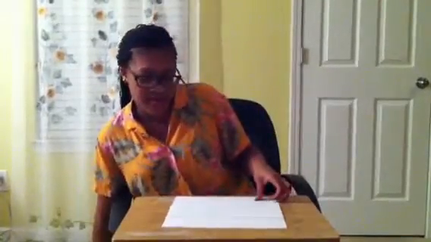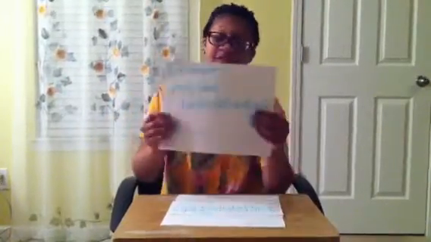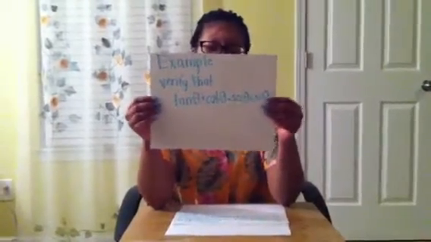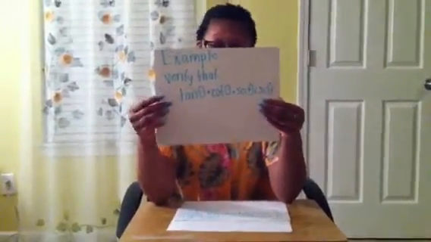Okay, so the example that I used was to verify that tan theta plus cotangent theta is equal to secant theta cosecant theta. So the first step in doing this is to pick one side that you want to work with. It makes it a lot simpler to do the math, and it's a lot quicker. Instead of jumbling to do both sides, you can just do one side and make sure it adds up to the other side.